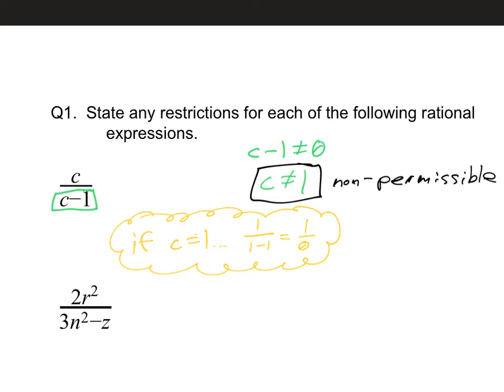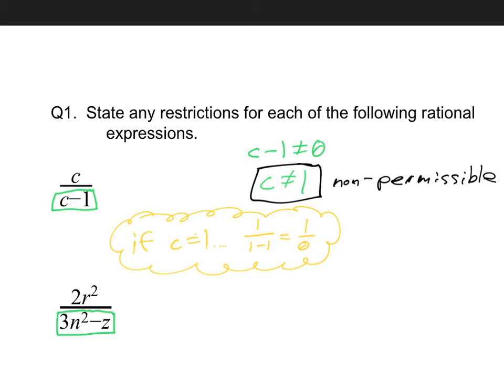So that's why we need this restriction to ensure that when we substitute in values for c, we do not get a value which induces division by 0. So our non-permissible value is c cannot be equal to 1. Alright, so our second rational expression involves r, n, and z.